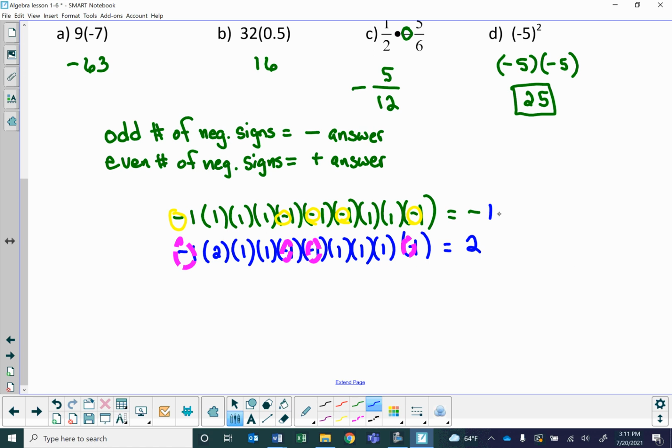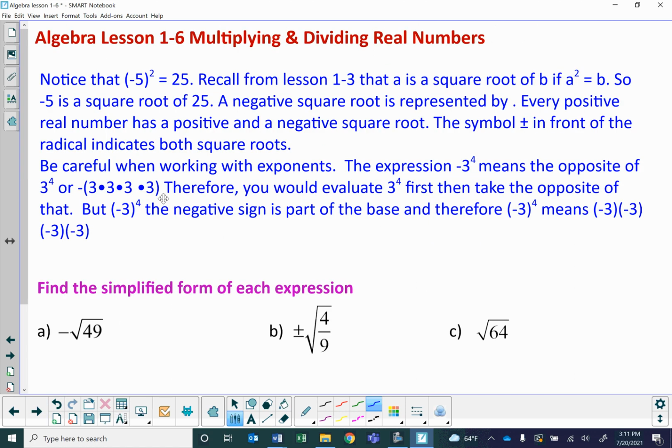All right, now let's look back at letter D here. Notice that negative 5 squared is 25. So recall back to lesson 1-3 that a is a square root of b if and only if a squared equals b. So negative 5 is a square root of 25 because negative 5 times negative 5 equals positive 25.